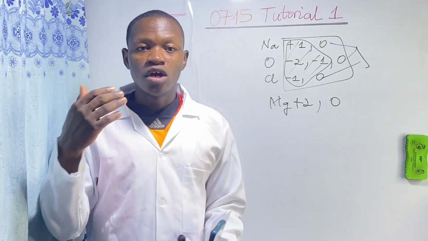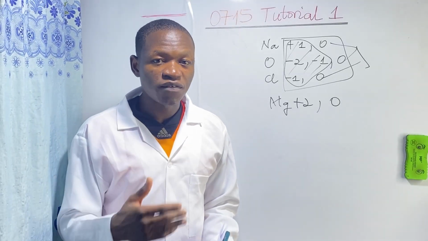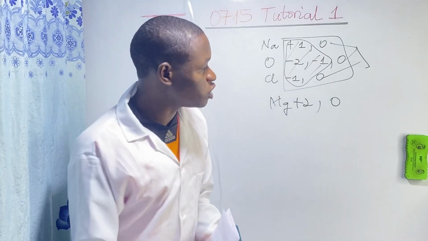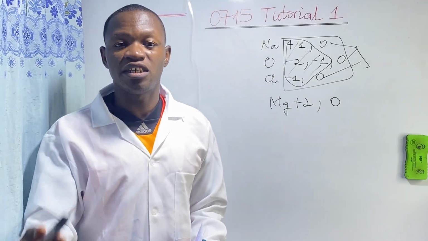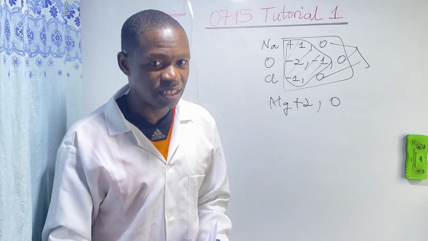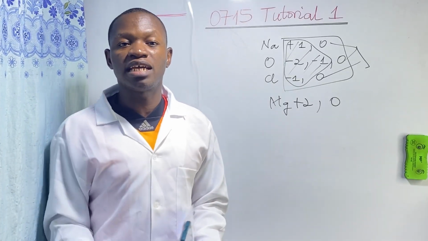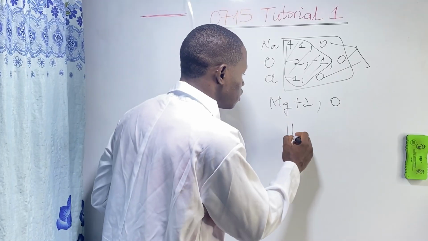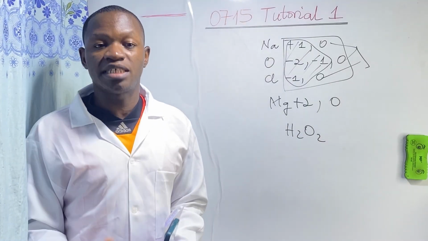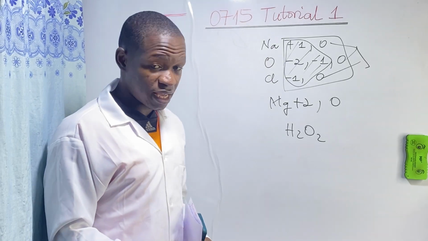Next rule, non-metal ions have negative oxidation numbers. Oxygen has an oxidation number of -2, except in peroxide, where its oxidation number is -1. For example, hydrogen peroxide. Here, oxygen is -1.